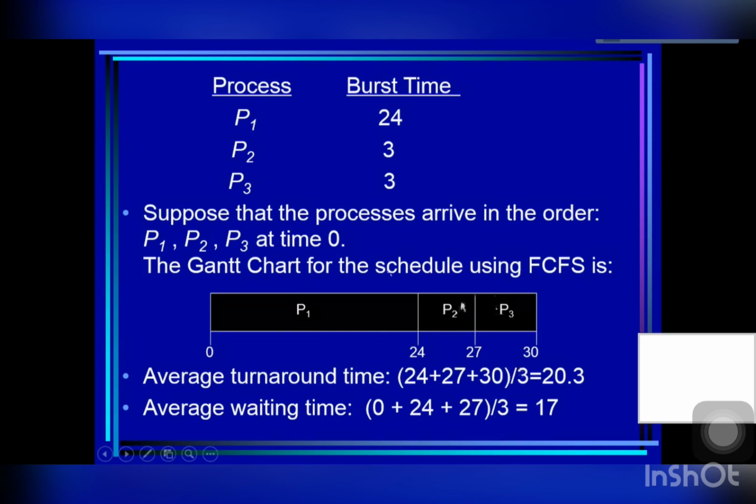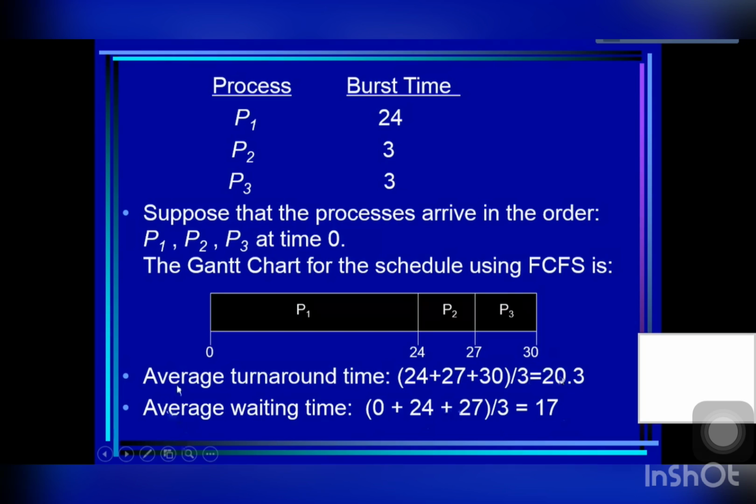Then we schedule P2 because it is second in the FIFO queue, and its burst time is 3, so from 24 till 27, P2 will finish execution and leave the system. Then we allocate the CPU to P3 because its burst time is 3, so from 27 till 30, P3 will finish its execution and terminate.